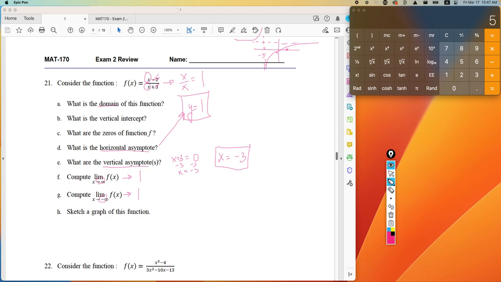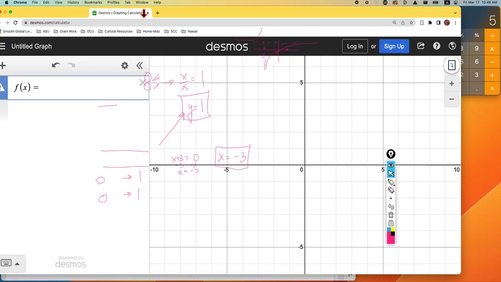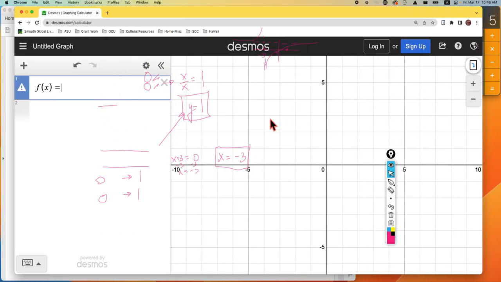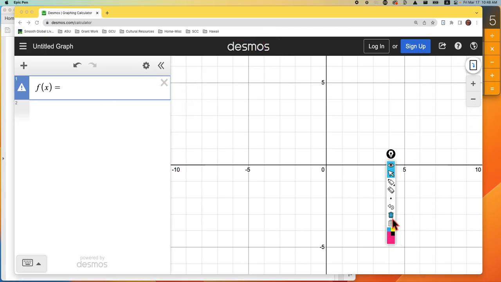We can also use our graphing calculator, or what I'll use is an online calculator because it's going to be easier. So I'll use Desmos. And I'm going to graph it. Let me enter it in here so you'll see it. It's f of x equals, let me clear this stuff out.